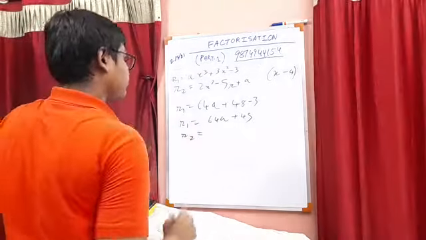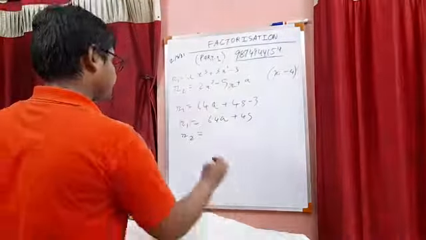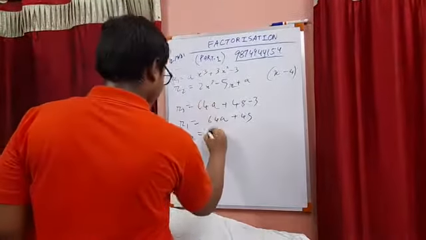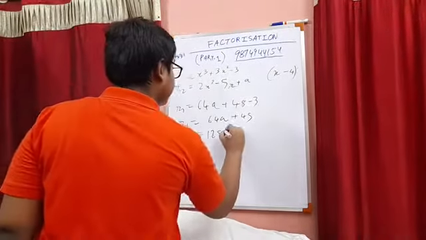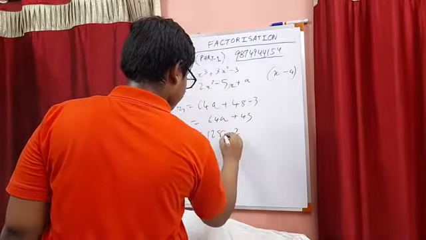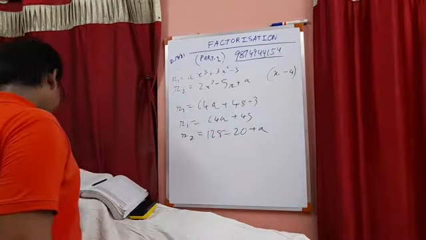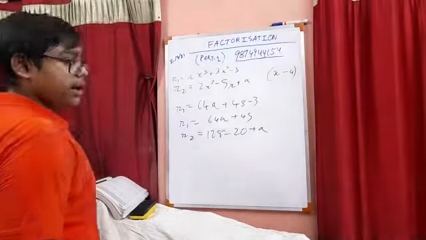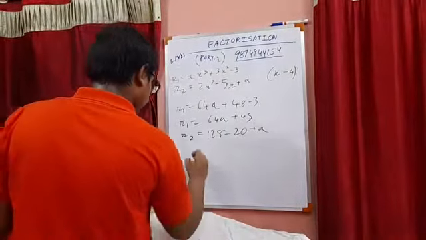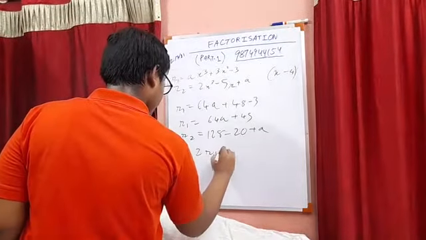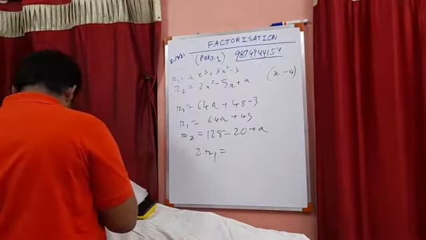R2 is equal to, x will be 4, therefore 2x cube will become 64 into 2, 128, minus 5x will be 20, plus 8. Now they have given the relation between R1 and R2: 2R1 is equal to R2.